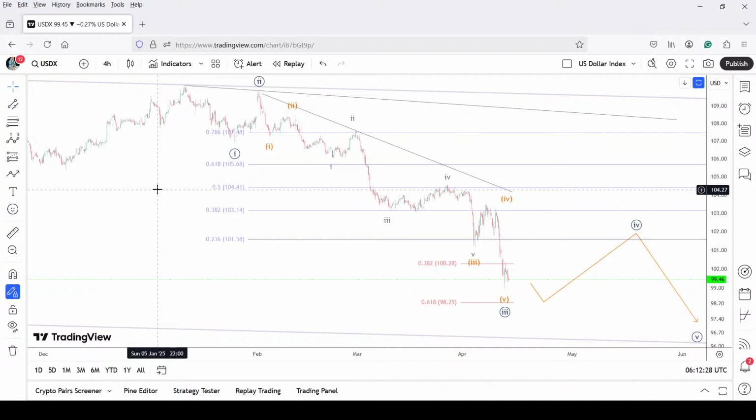Alright, that's the story for the dollar index. In the wave structure, as far as the trading point of view is concerned, we request to refrain from trading.